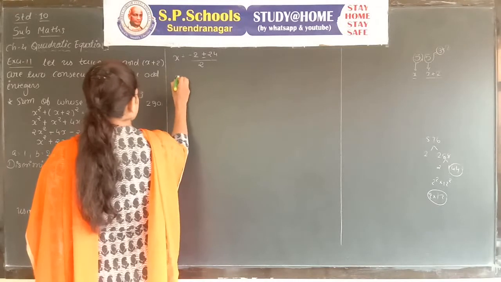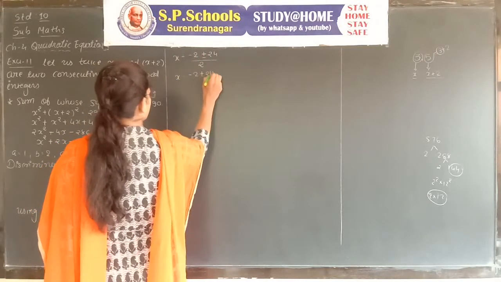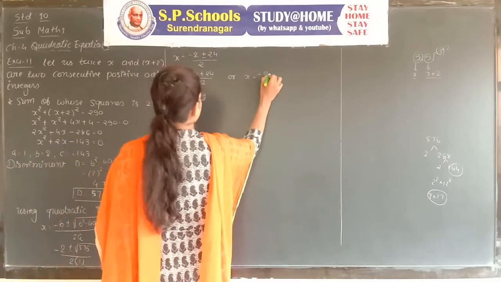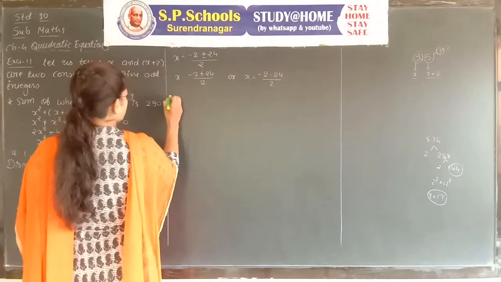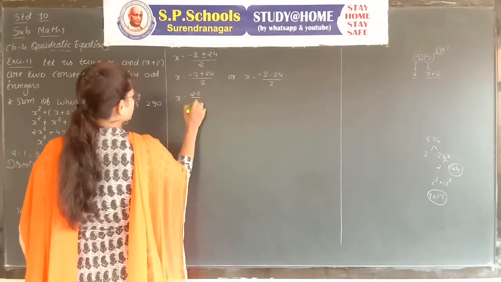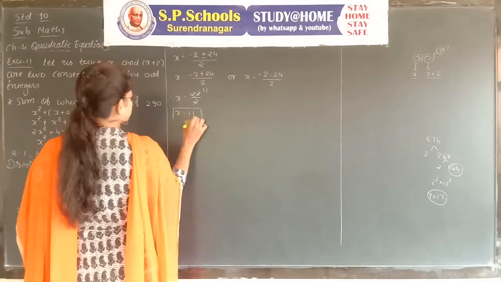Now we split x as one plus and one minus. X is equal to minus 2 plus 24 upon 2, or x is equal to minus 2 minus 24 upon 2. Therefore, the value of x is 22 upon 2, which is 11.